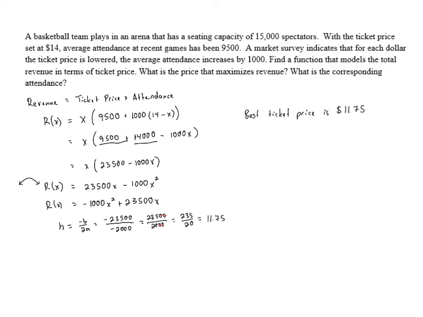Now, if we want to find the maximum revenue, which we weren't actually asked to find, but let's do it anyway, the maximum revenue would come from the y value of the vertex, which we label as k, and we get that by evaluating our function at 11.75.